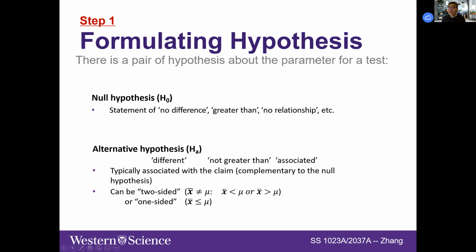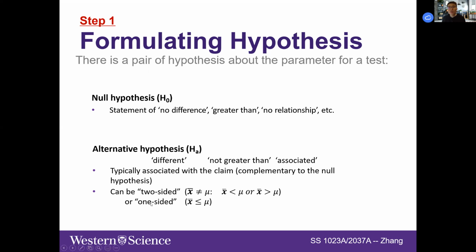For example, when we say A is different from B, this type of hypothesis is two-sided, because when we say two things are different, there are two ways to make them different: either A is smaller than B or A is greater than B. You can imagine the population parameter mu is in the middle, and our statistic x bar could be on the left side, which is smaller, or on the right side, which is greater. That's why we call it two-sided.